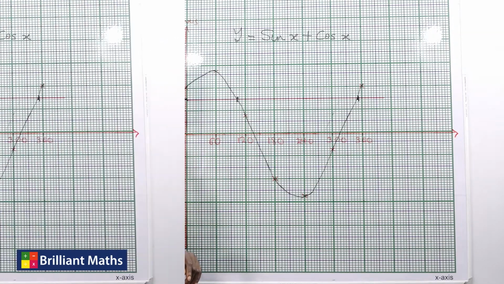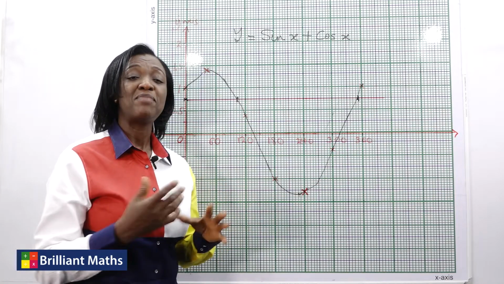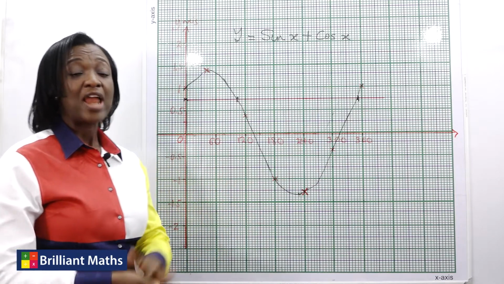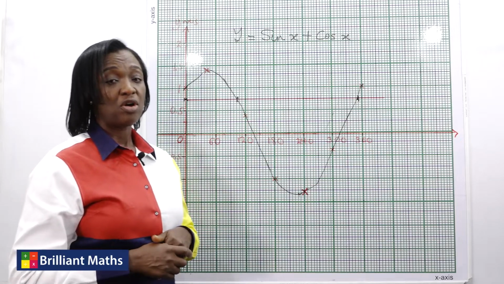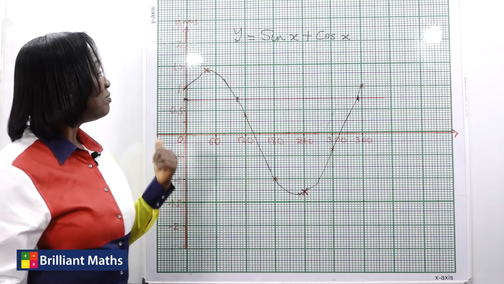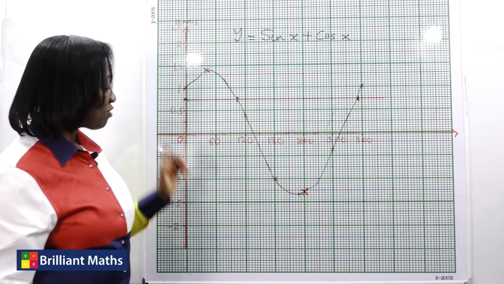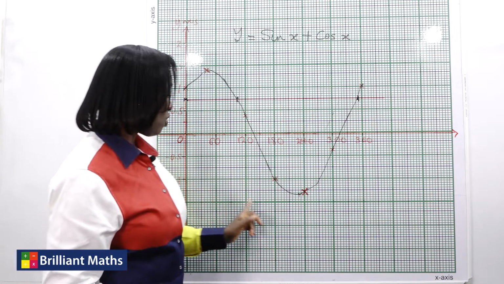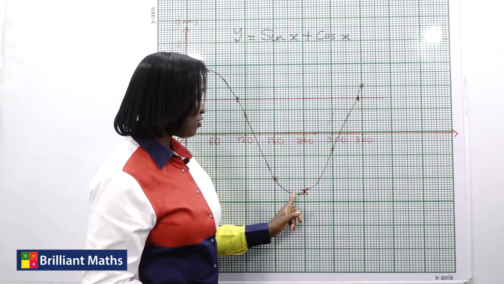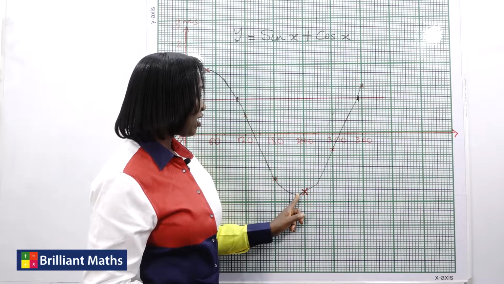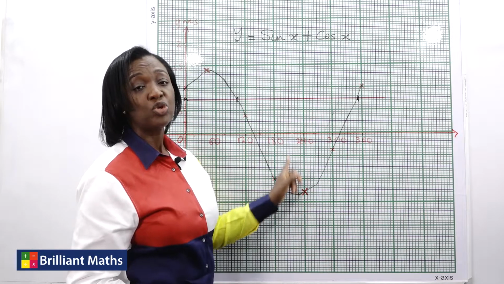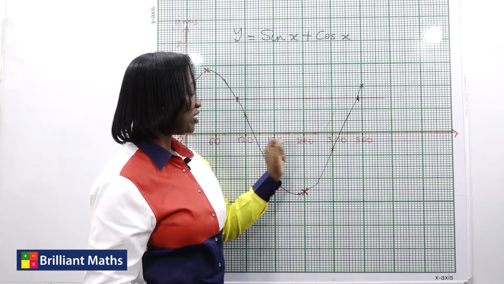The second question says, find the minimum and maximum values of the graph and the points at which they occur. So the minimum value of the graph is y equal to minus 1.4, and that occurs at x equal to 225 degrees.